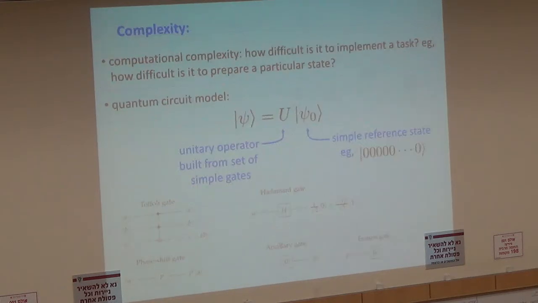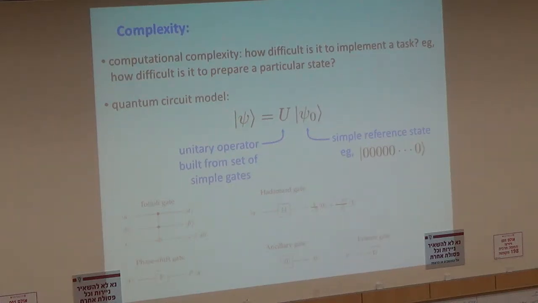But before we get started, because complexity is a new idea, I just wanted to remind you about what the basic rules of the game are. We're going to measure how hard it is to prepare a certain state. In particular, we have in mind in holographic complexity a state in the boundary theory.